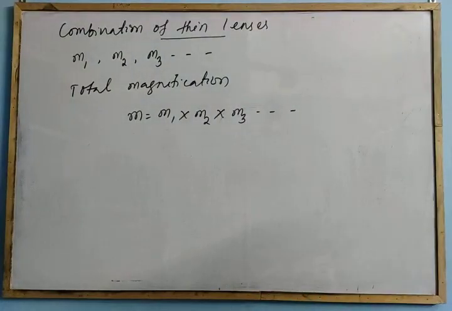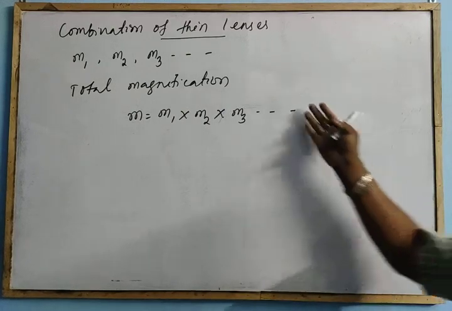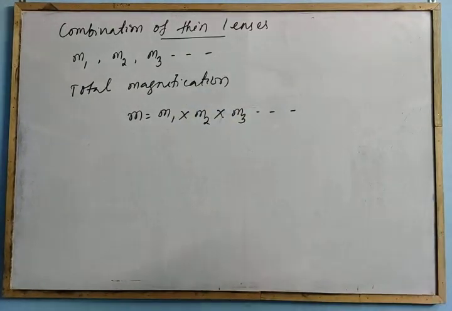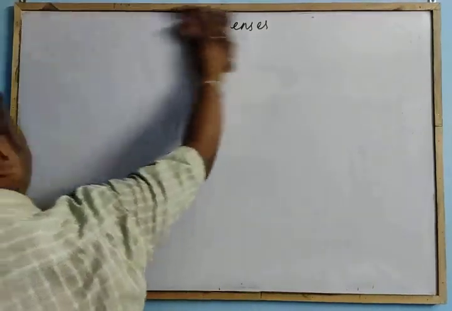So this is the total magnification by the combination of thin lenses. Then from here we will get the equivalent lens.